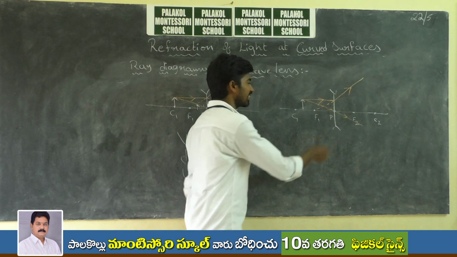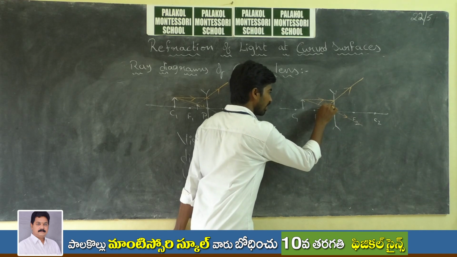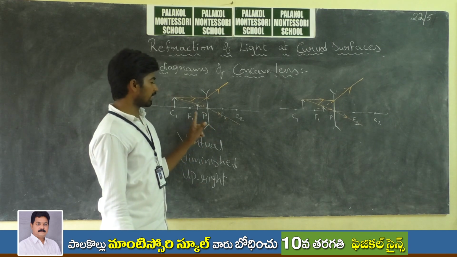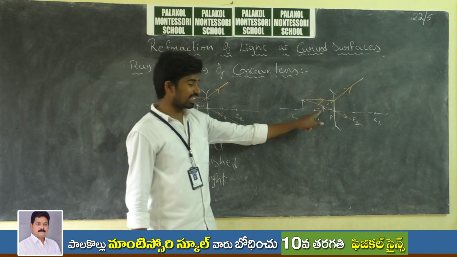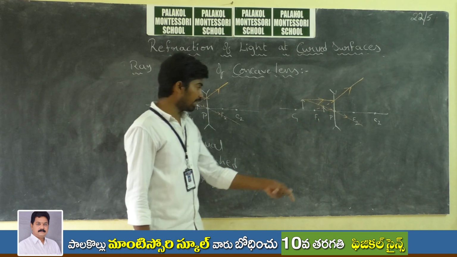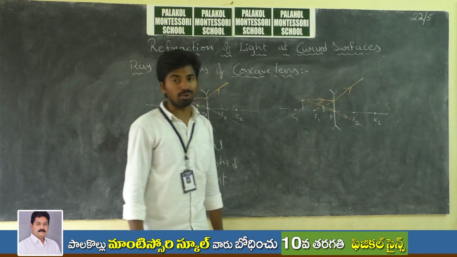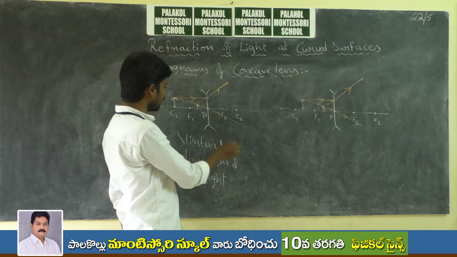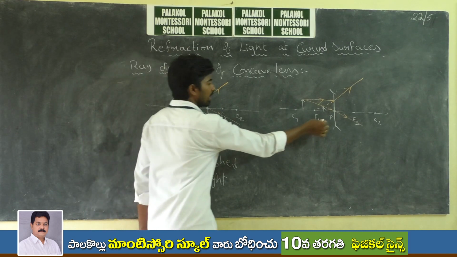So here also the light rays intersect here. And if you observe both diagrams, in both the cases, the image is virtual and it is formed in between focus point and pole, and it is an upright diminished image. In both the cases, the nature of the images is the same.